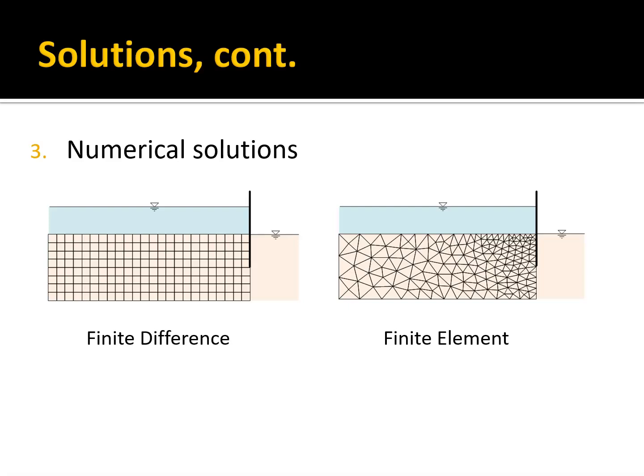And we're going to look at two methods: a finite difference method where we have rows and columns of grid cells, and then the finite element method where we can subdivide the model domain into triangles or rectangular elements. And then basically we satisfy the governing equation over each of these individual elements, and we end up then getting a solution to the overall governing equation.